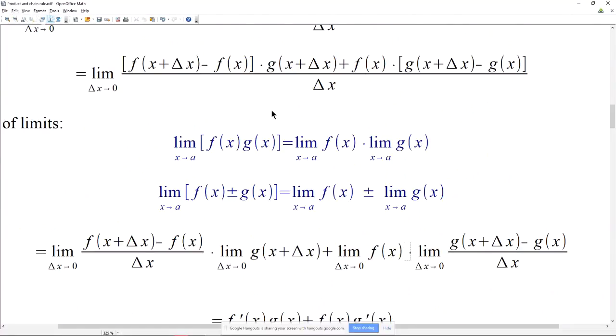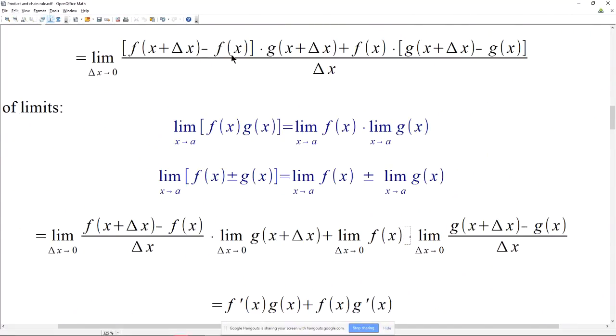Remember, terms are technically separated by plus or minus in algebra, by the way. So all they're saying is the limit of this times this is equal to the limit of this times the limit of this. Then they do the same thing here. You have a plus sign, and then f of x times this bracketed group. The limit of f of x times the limit of the group here. That's all they're doing.